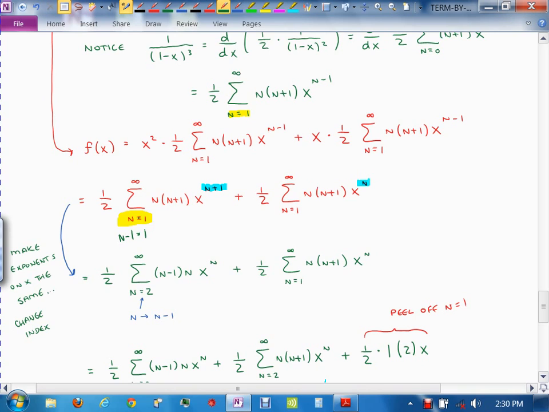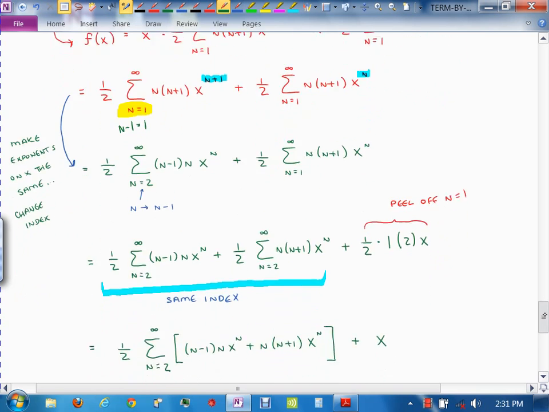The n plus 1 becomes an n. And then the n plus 1 here becomes an x to the n there, right? Now I've got x to the n there. Over here, I don't need to change anything because it already has x to the n. But now I have another issue. This index starts where? 2, and this one starts at 1. So how am I going to resolve that?